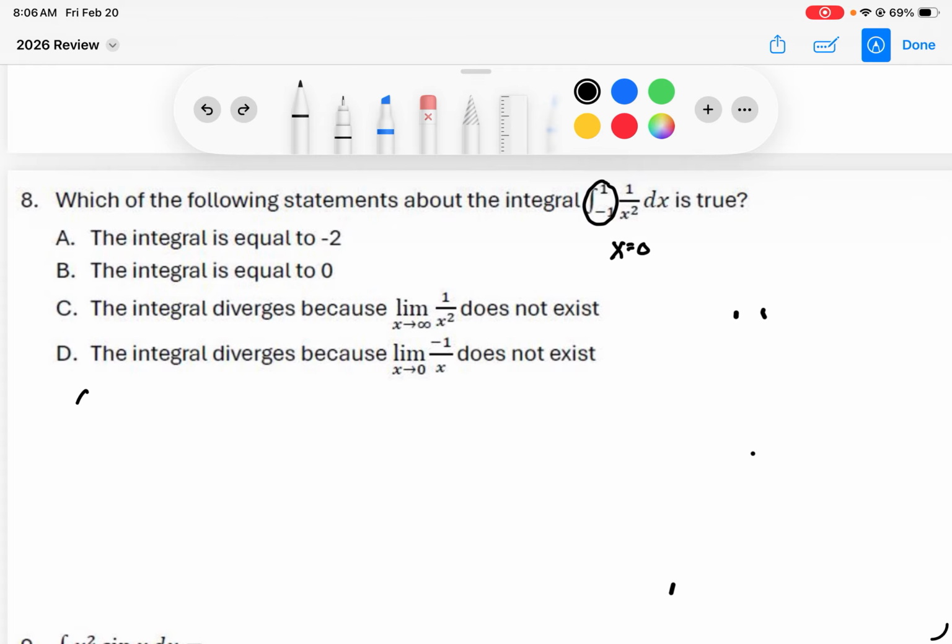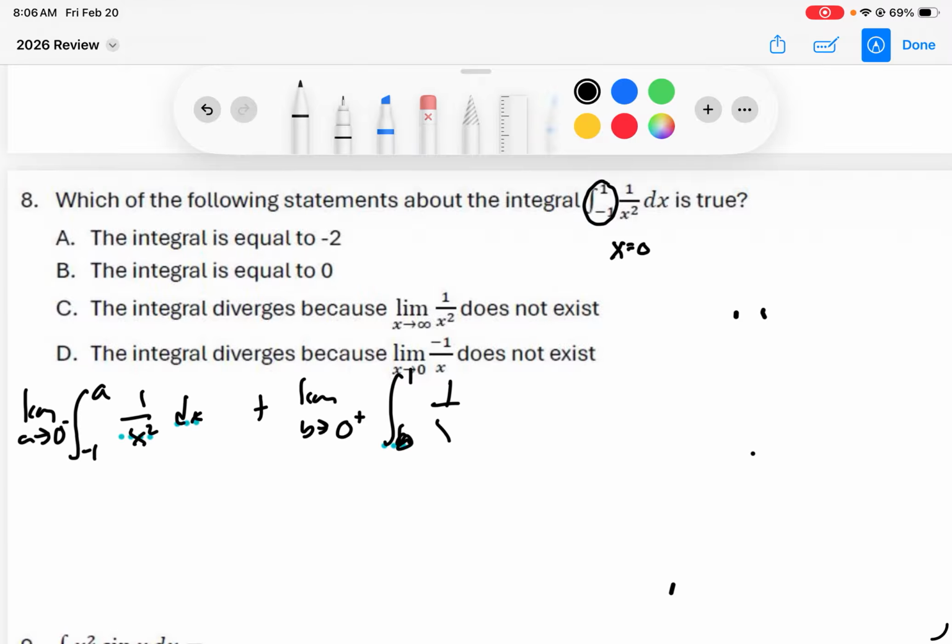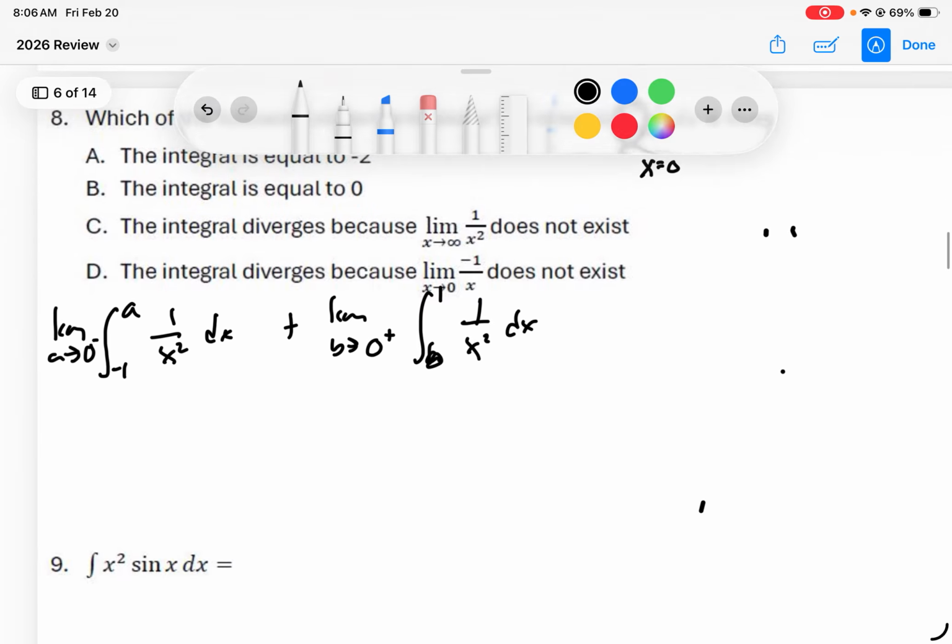So I'm going to rewrite this like we did that other one, I think it was number 3. Negative 1 to a of 1 over x squared dx, and it's the limit as a approaches 0 from the left, plus the limit as b approaches 0 from the right, from b to 1 of 1 over x squared dx.